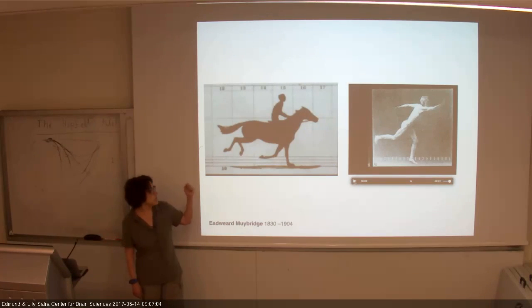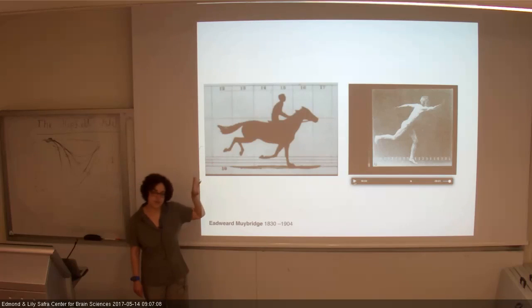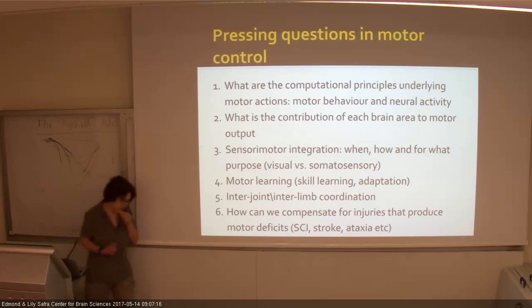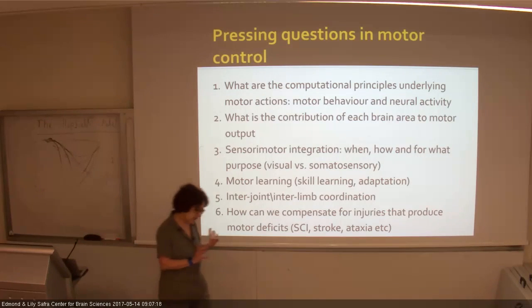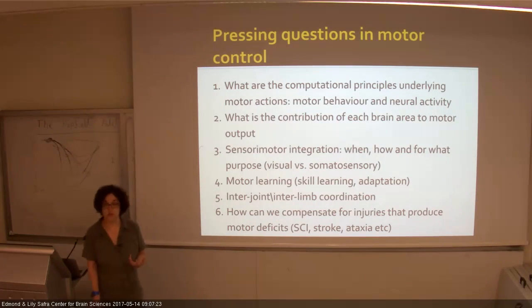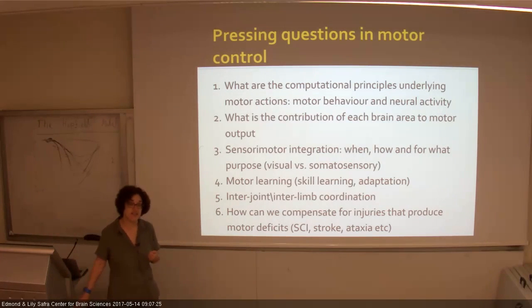We're not using detailed analysis of the way we move, but we are trying to understand how the nervous system actually controls action. The motor system is in fact a rather difficult system to study, because unlike a sensory system, we don't really know what is the parameter that is controlled for.